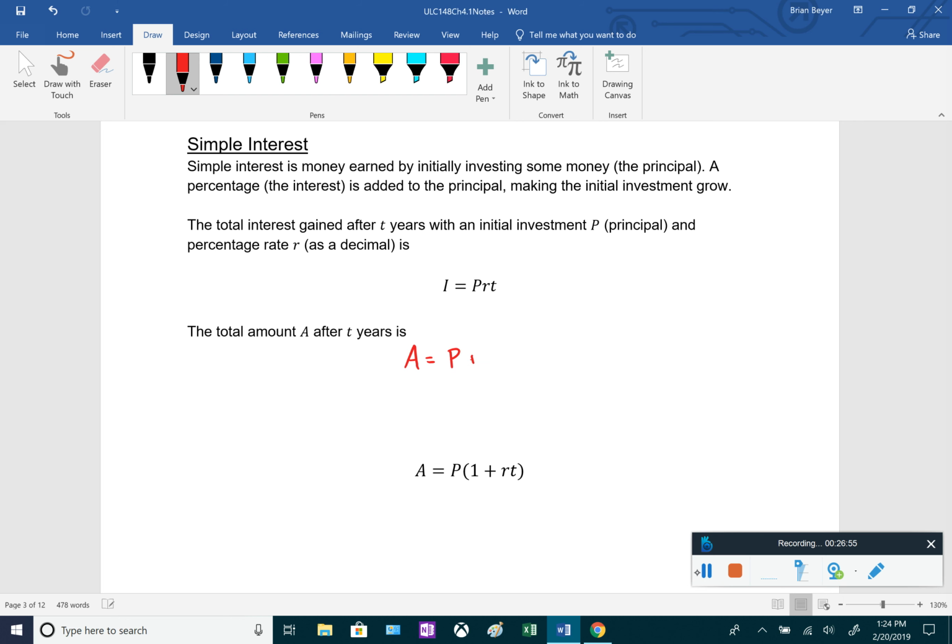And now for the last one, daily. This one's going to be when we have 365 compounding periods. So on day 1, we would calculate the interest from the initial amount. On day 2, we would calculate the interest from the new amount, which was the principal plus the interest earned on day 1.